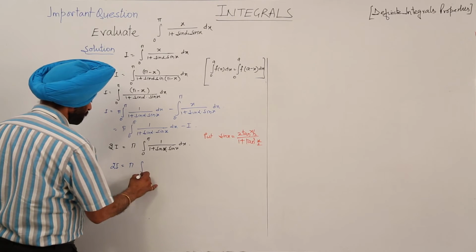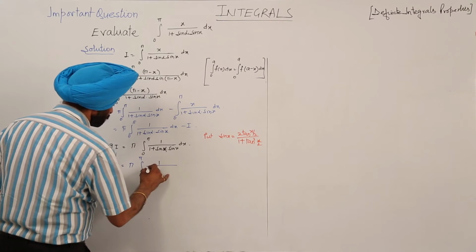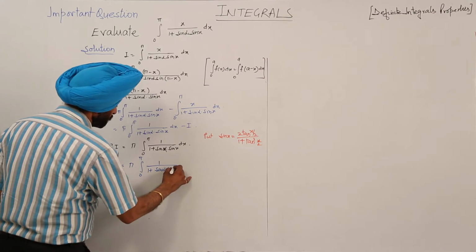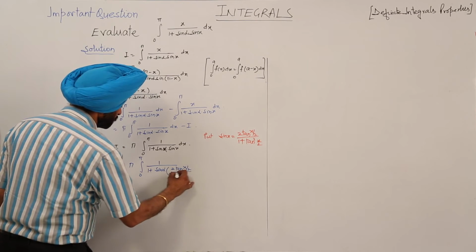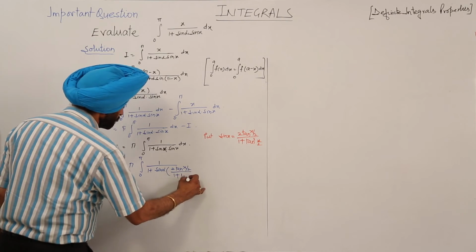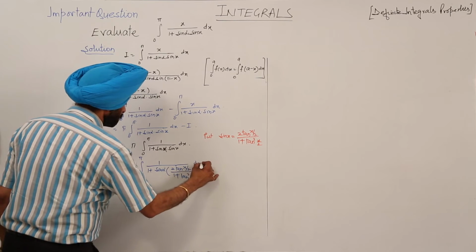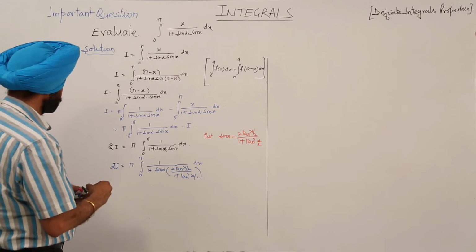Pi, 0 to pi limits, 1 upon 1 plus sin alpha times 2 tan(x by 2) upon 1 plus tan square(x by 2) dx.